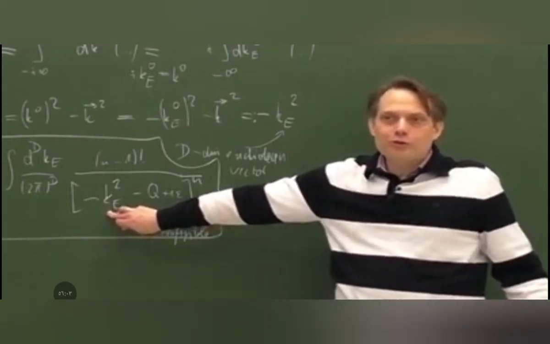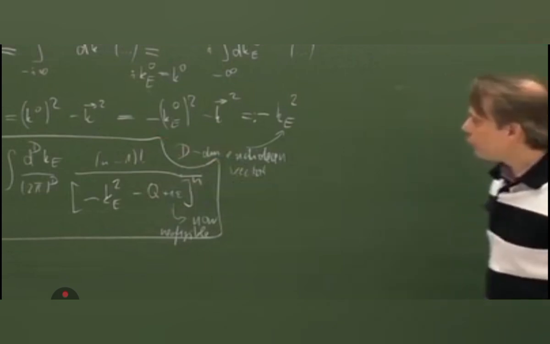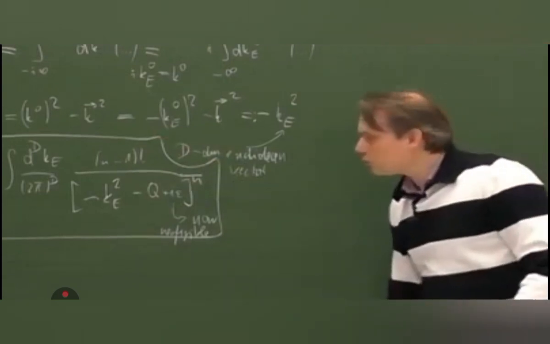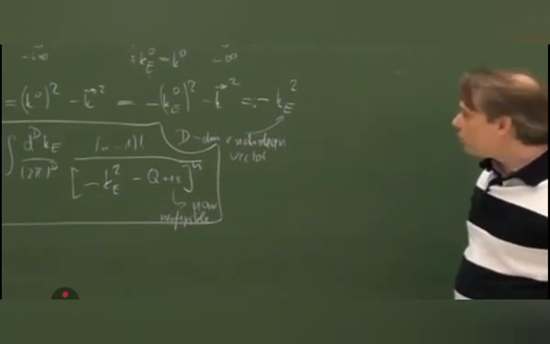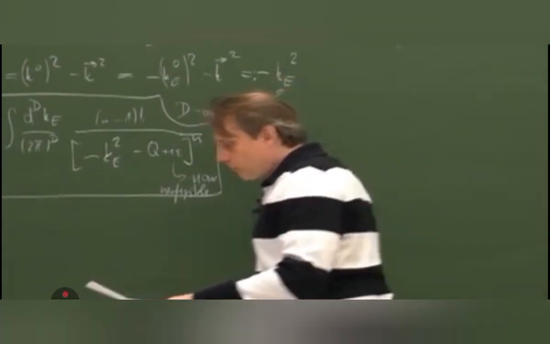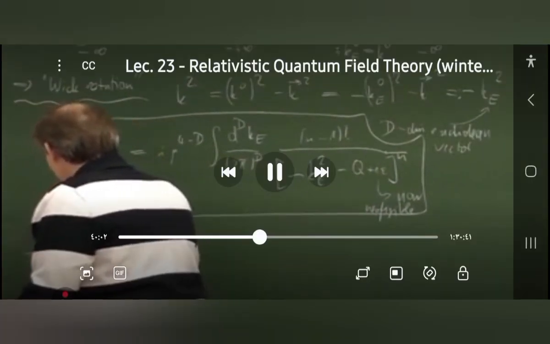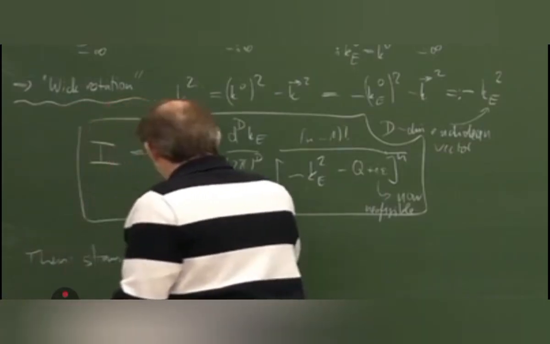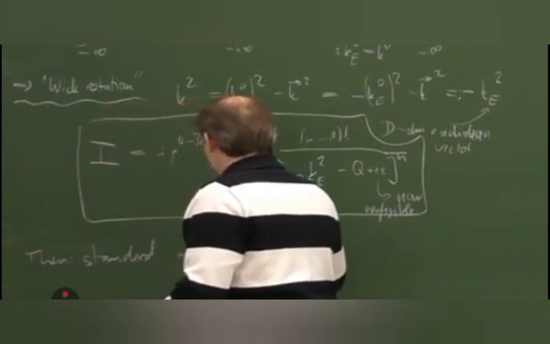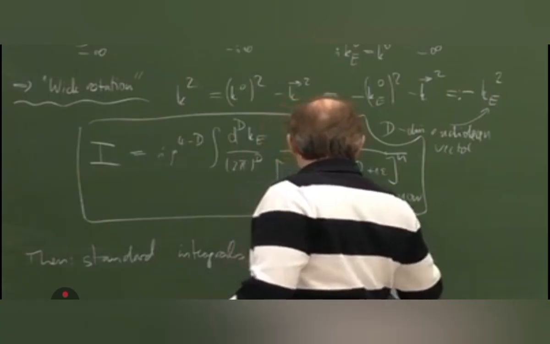So this is a spherically symmetric integral over just a spherically symmetric coordinate, and therefore we can evaluate it in spherical coordinates, polar coordinates in d dimensions, and then we have actually completely standard mathematical integrals. So we now have really standard integrals, and we can evaluate them in spherical coordinates.